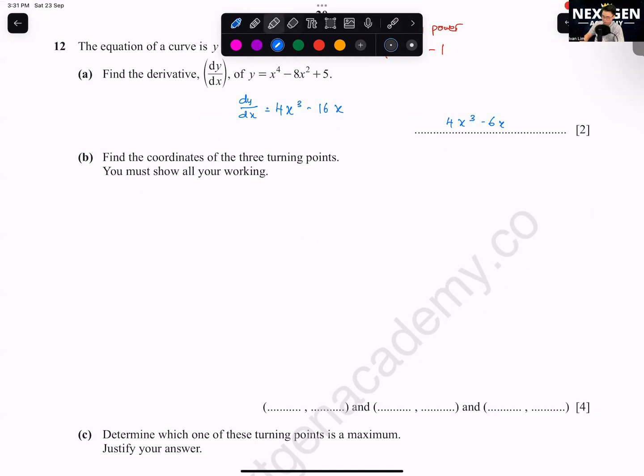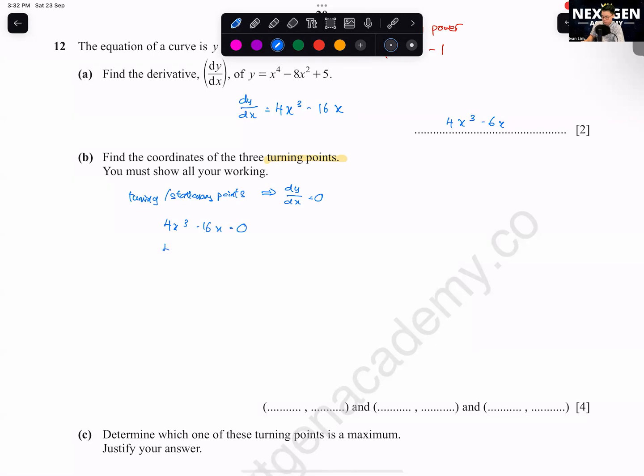Okay, when they say the word turning points or stationary points, the equation is dy over dx equals 0. So 4x cubed minus 16x equals 0.